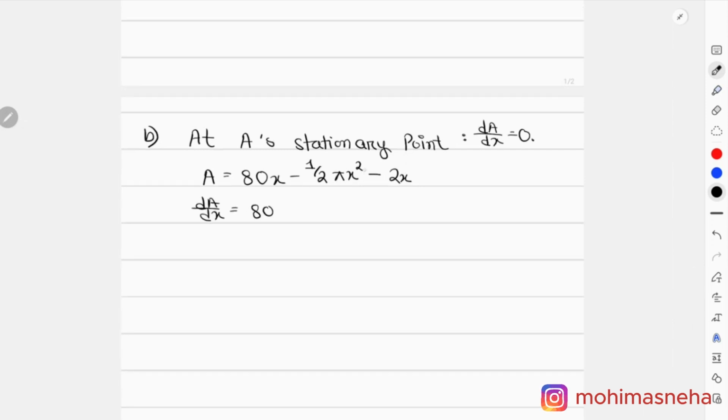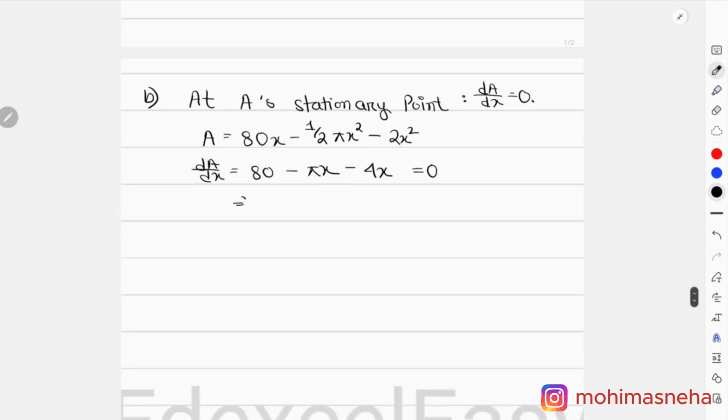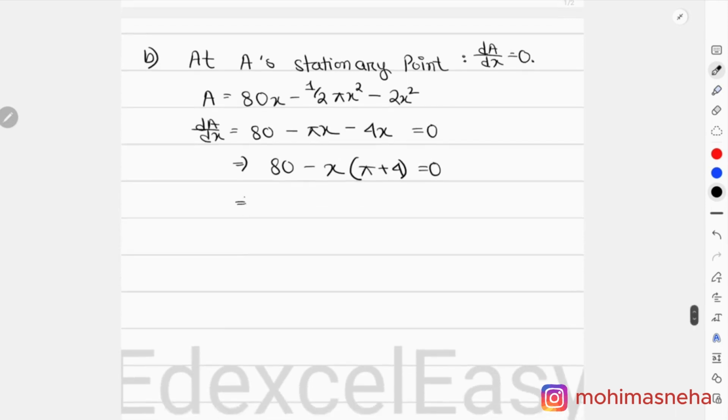80x will be just 80, half multiplied with 2 is going to be 1, so you get pi x, and this is going to be minus 4x, right? This entire equation will be equal to 0, which means then we can take x common over here also, which is 80 minus x(pi plus 4) equals to 0. At the end, you can write x(pi plus 4) equals to 80, and x is eventually 80 over (pi plus 4).